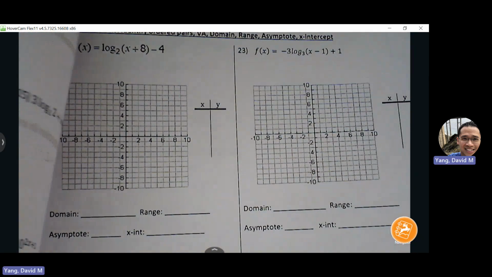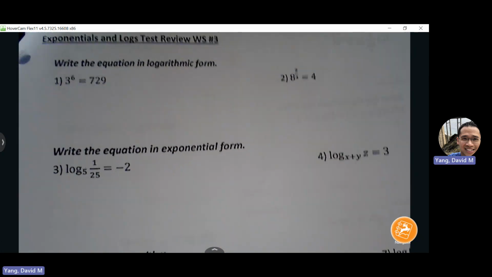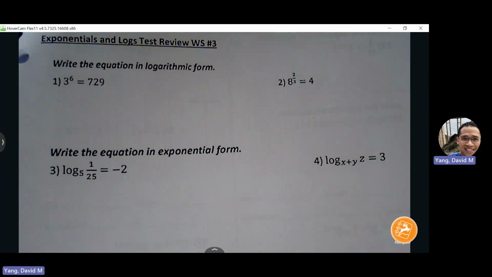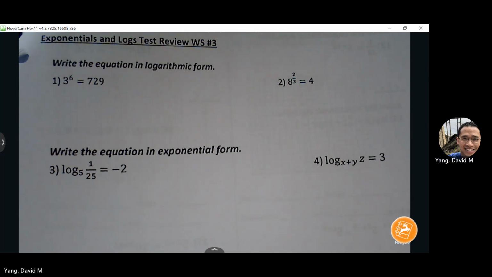Yeah, so let's see if we can go through all the problems here. So, all right, so we start off with just writing in log form. So not solving, just putting it into log form. Log base 3 of 729 equals 6.